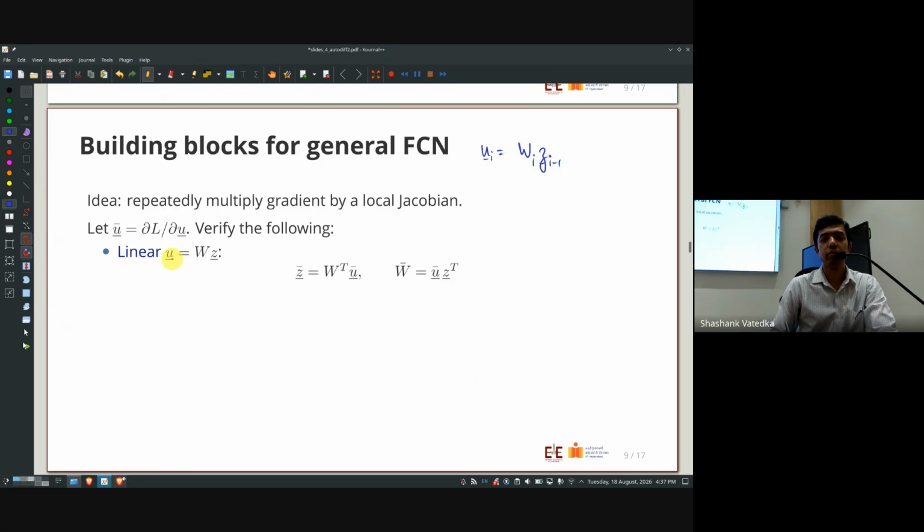If I have U equal to W times Z, then Z bar I claim is equal to W transpose times U bar, and W bar is equal to U bar times Z transpose. Now, we've essentially seen the calculations for this in the two-layer case, but I'll leave this as an exercise.